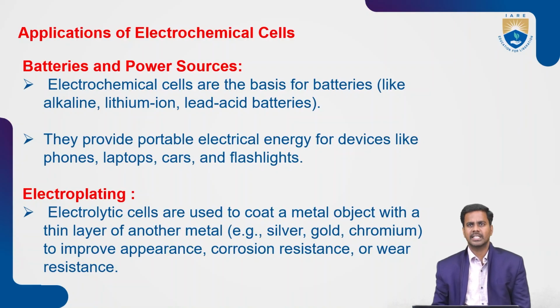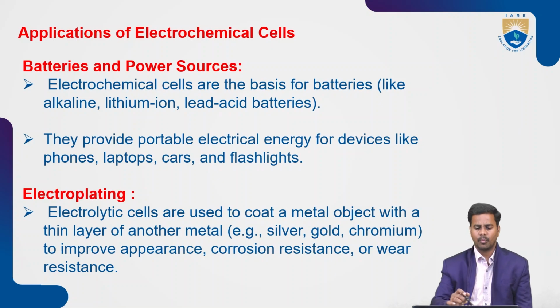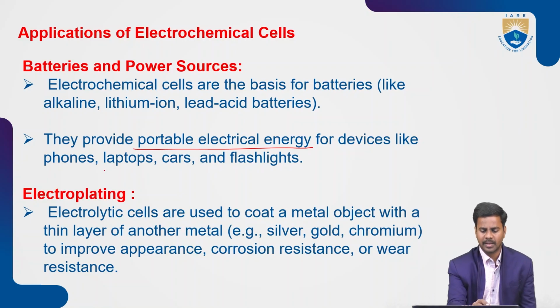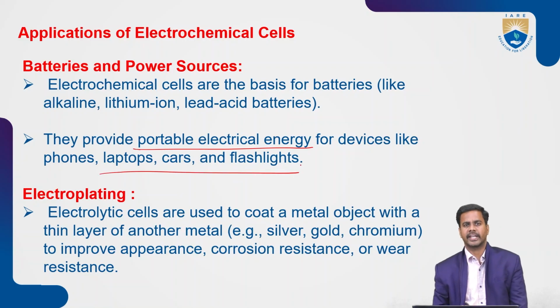Electrochemical cells are the basis for batteries like alkaline batteries, lithium-ion batteries, lead-acid batteries, nickel-cadmium batteries, zinc-air batteries, etc., and they provide portable electrical energy for devices like phones, laptops, cars, and flashlights.